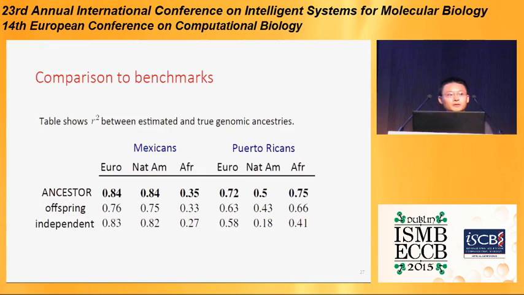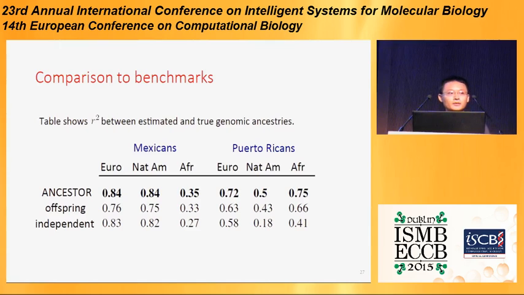I also want to show you how the algorithm compares against a couple of very simple benchmarks that are actually surprisingly used in practice. The table here shows the R-squared values between the estimated genomic ancestries and the observed genomic ancestries. So the higher the value, the better. Our algorithm is in the top row, corresponding to Ancestor.